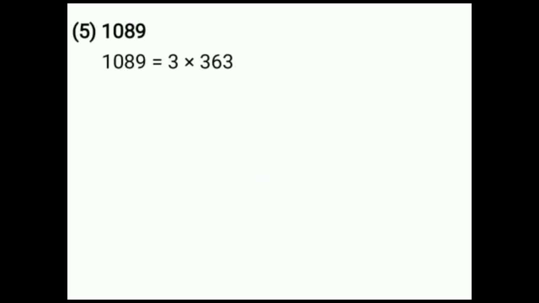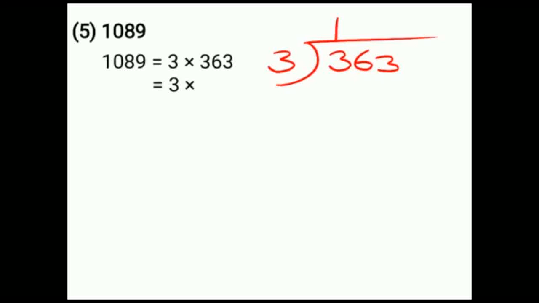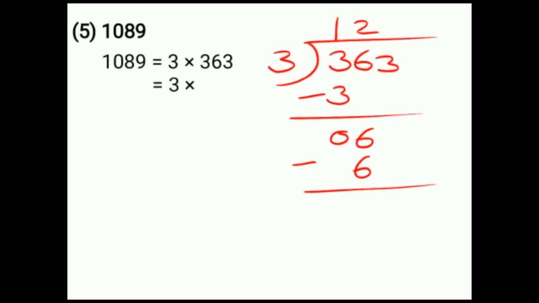Next step, again divide 363 by 3. When you divide 363 by 3, quotient is getting 121.